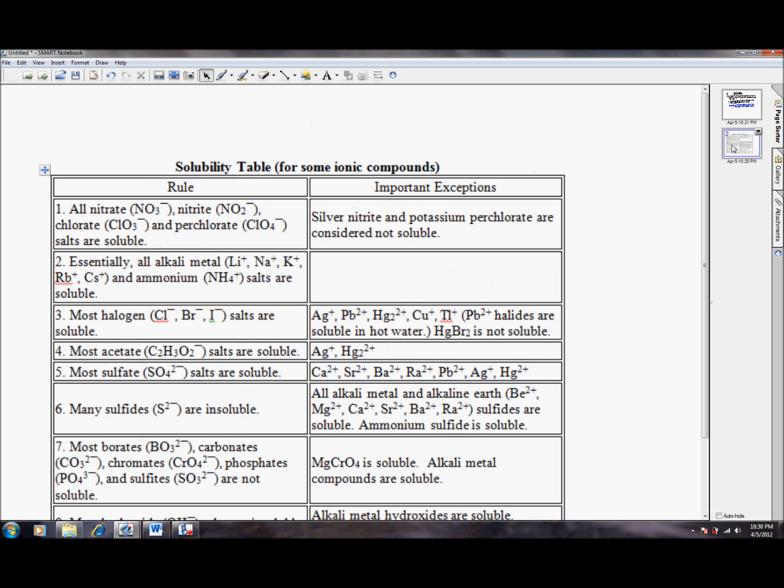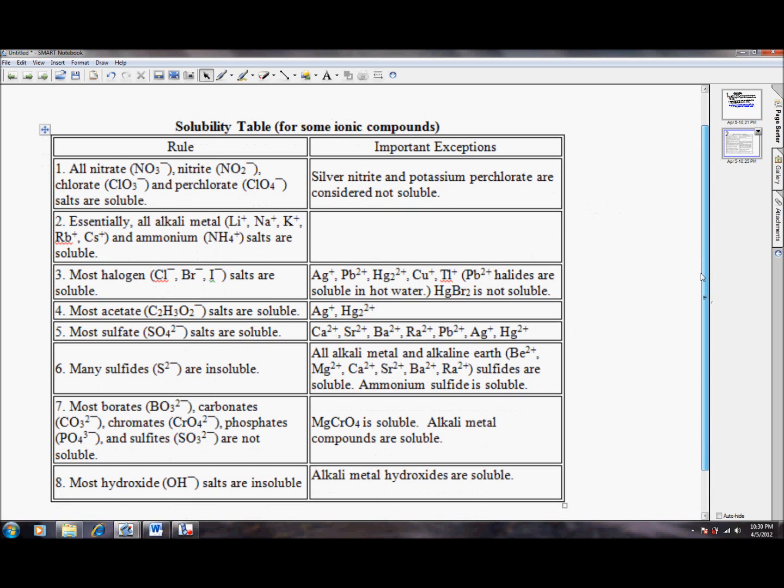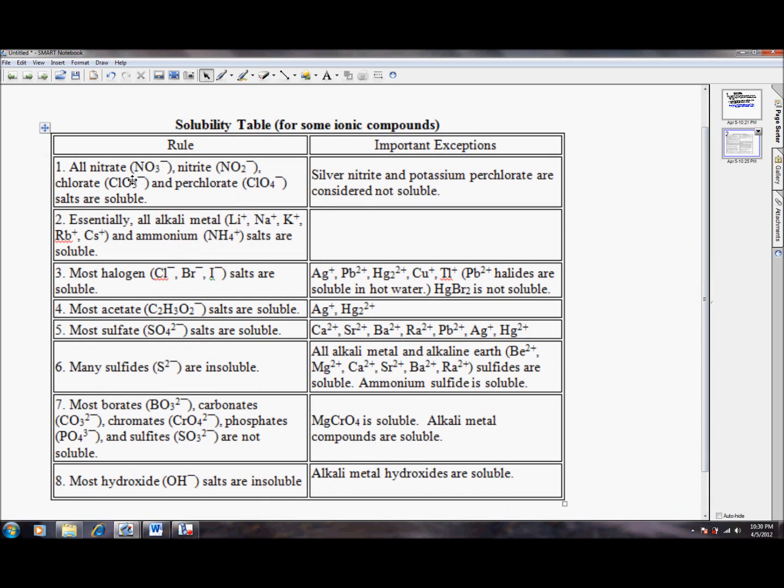Okay, let's go to the table and let's look at how it is organized. The solubility table, on the left side, the left column here, lists the rules for certain groups of compounds. There are 8 rules.